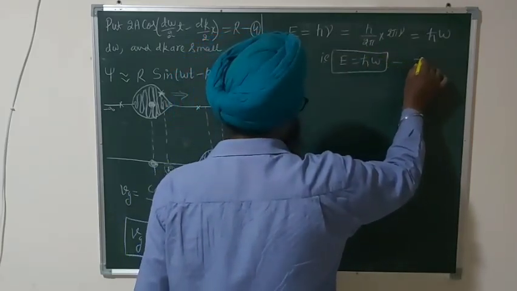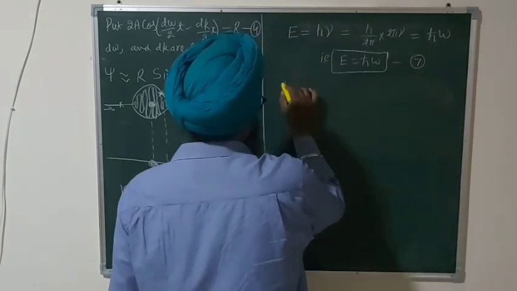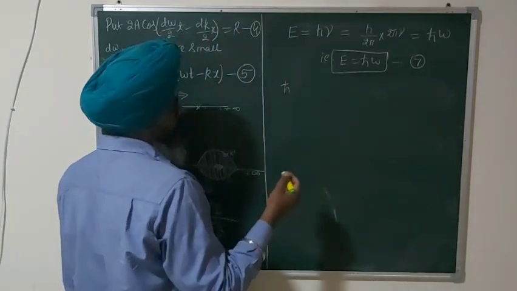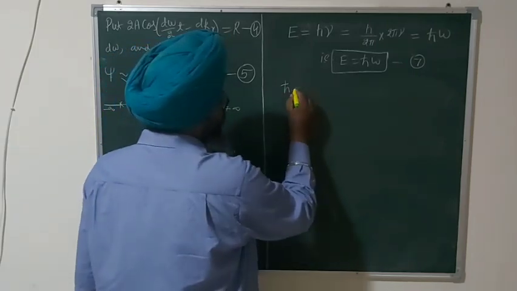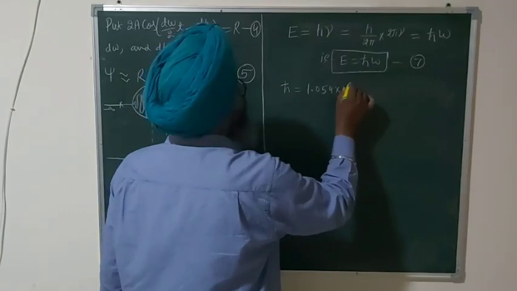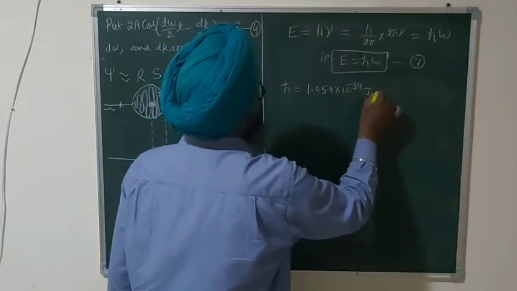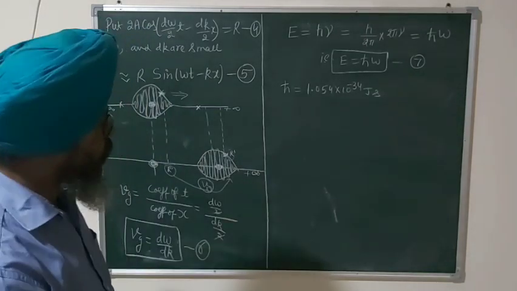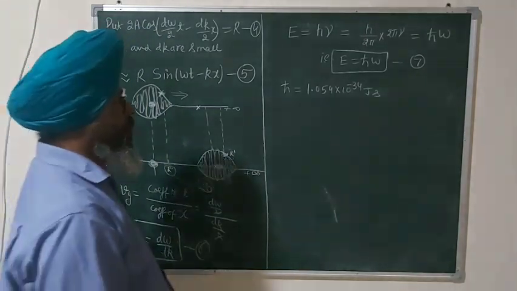This is equation number 7. Here h cross, sometimes also pronounced as h bar, is 1.054 into 10 raised to power minus 34 joule second, called Planck's reduced constant. Omega is of course the angular frequency.